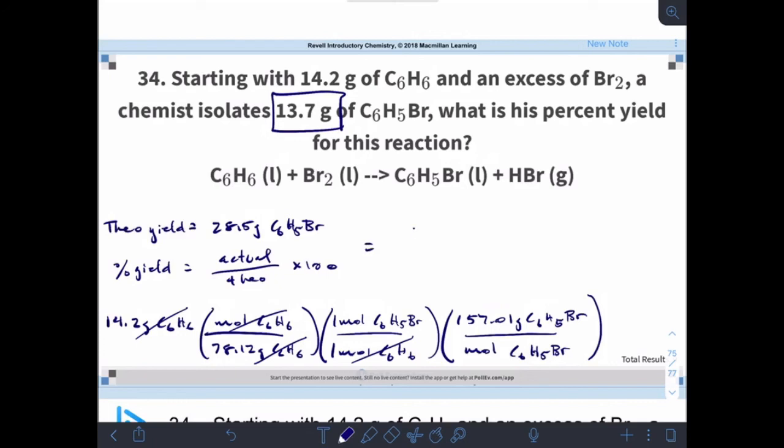Okay, so we have 13.7 grams divided by the theoretical yield, 28.5 grams, times 100, gives us a percent yield of 48.1%. And it sounds like it's kind of low, but it's actually quite typical for this type of reaction.